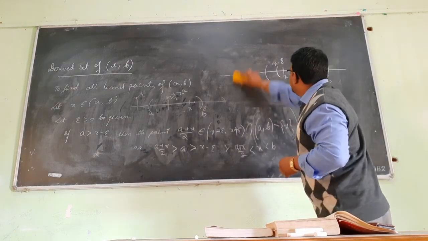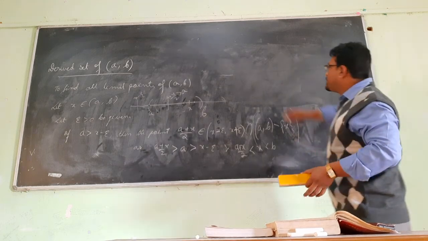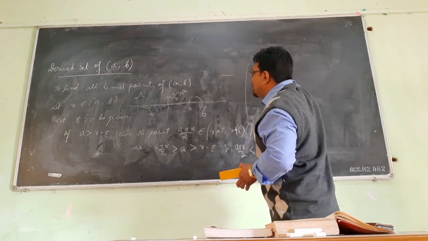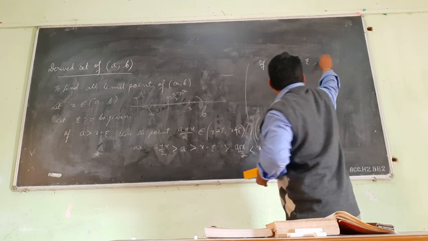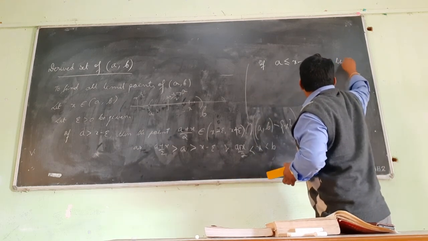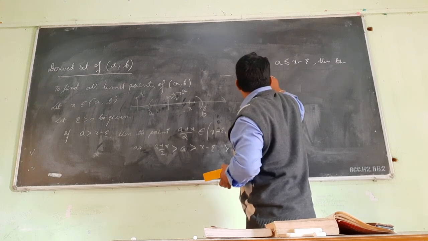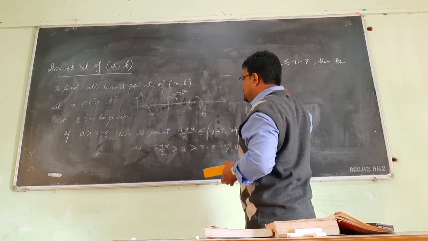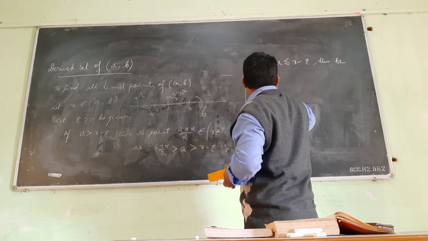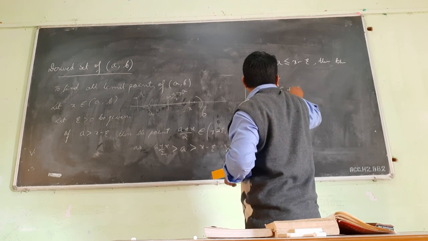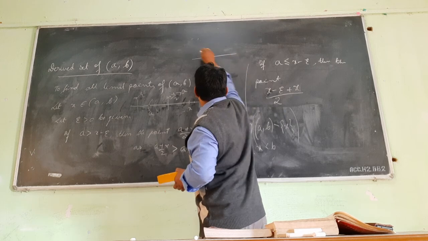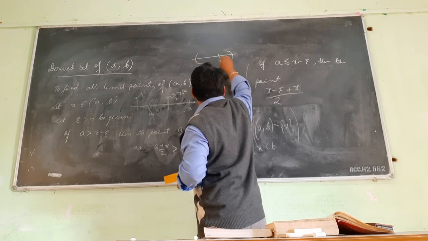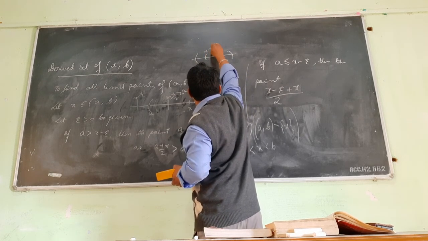So if a is less than or equal to x minus epsilon, then the point is x minus epsilon plus x by 2. I am considering this situation now. A is here, x is here, x minus epsilon is somewhere here.